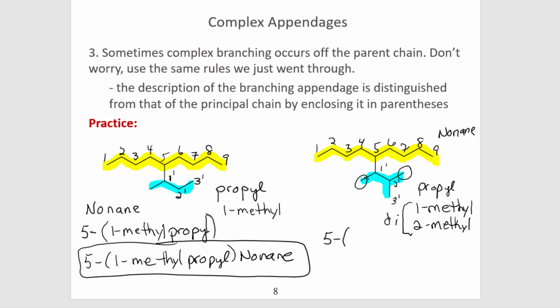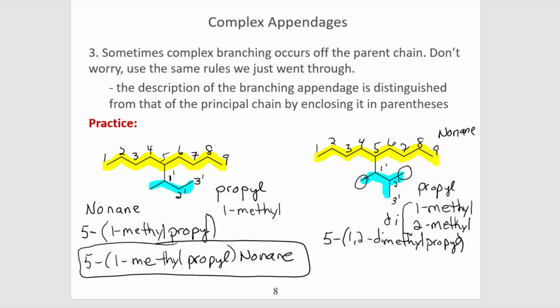There's 2 of them. So I have a 1, 2 dimethyl propyl, close parentheses. That is the name of the appendage. At 5, there's a 1, 2 dimethyl propyl.